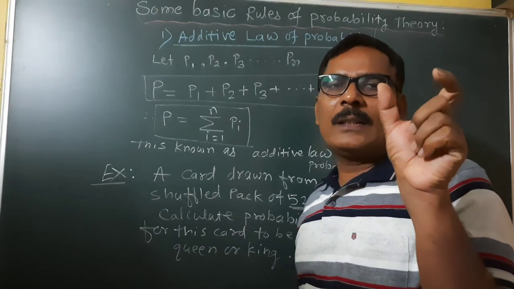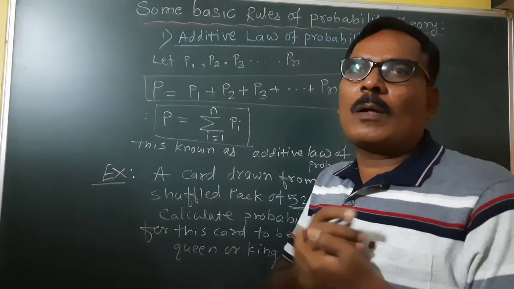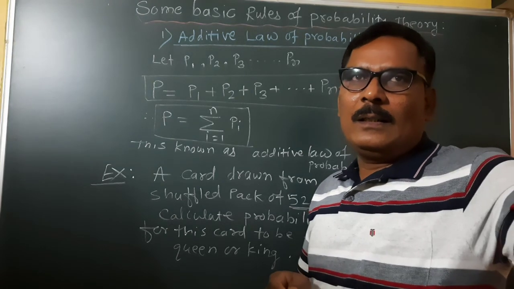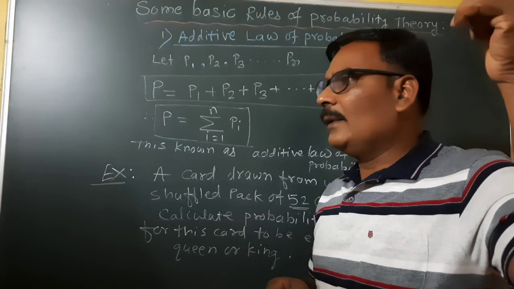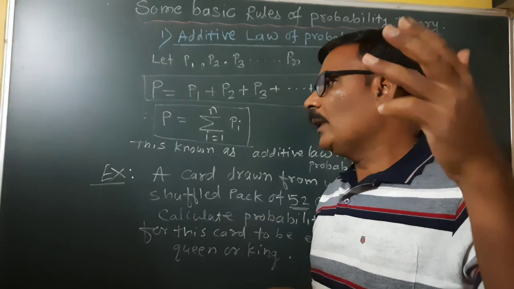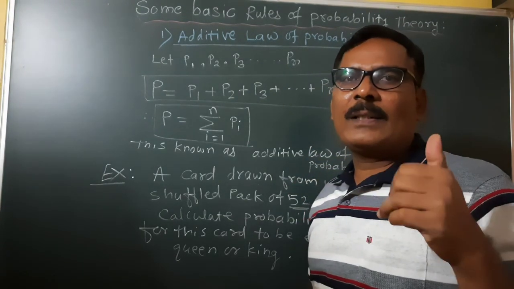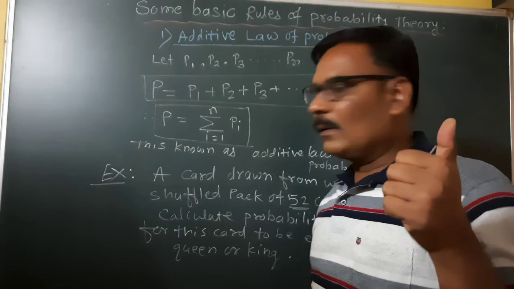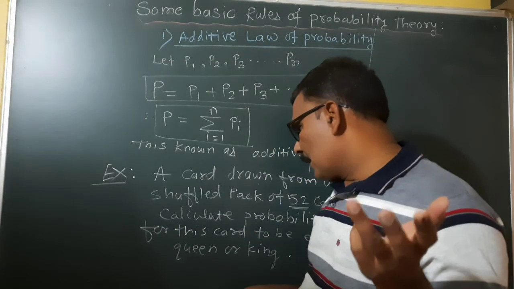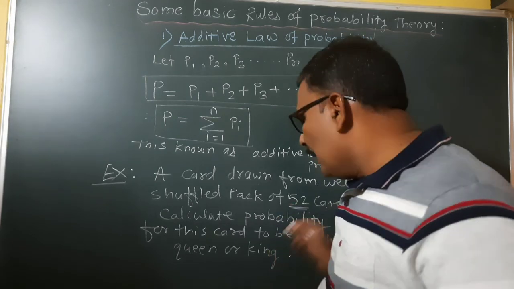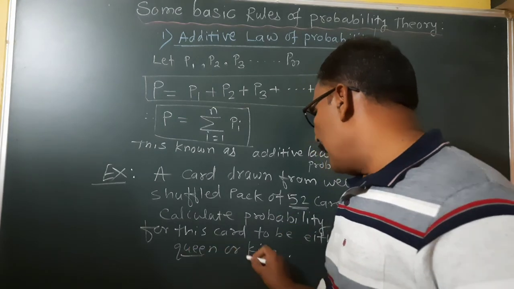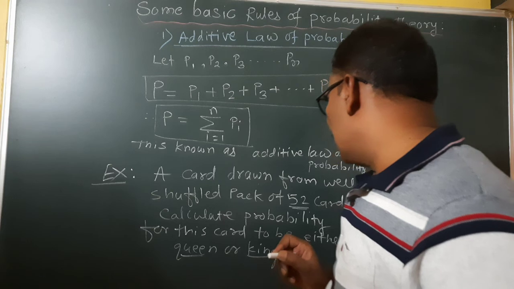Let us consider hearts. Hearts consist of 13 cards, that is, the Ace, then 2, 3, 4, 5, 6, 7, 8, 9, 10. After that, we have a queen and a king. Queen and king are considered here.